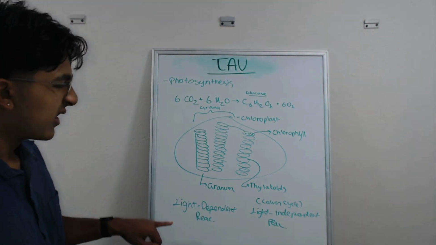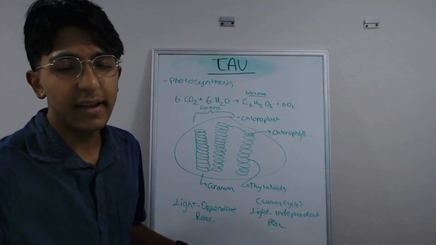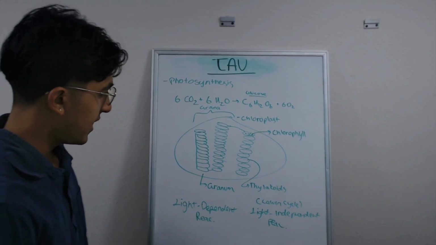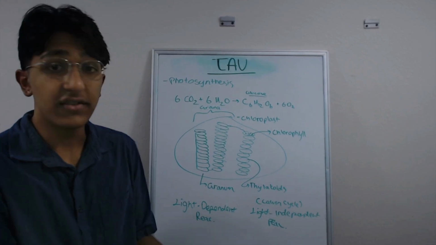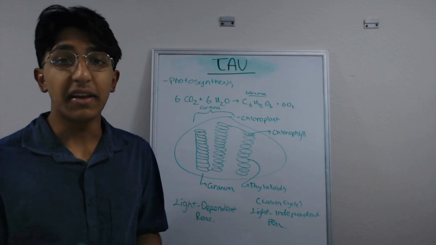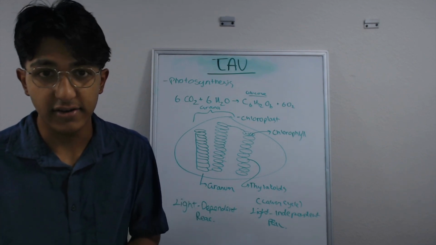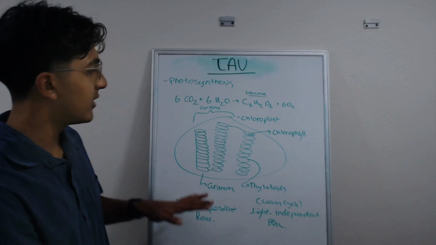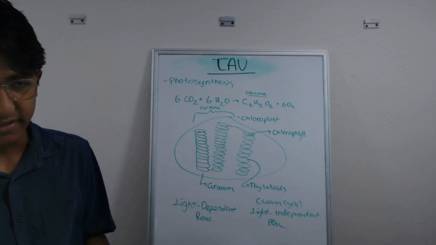Okay, so we're just going to go through a very brief overview of each one. Especially the Calvin cycle is extremely complex, so you can feel free to go and research that on your own, but for the sake of this video, let's just go through a very simple explanation.